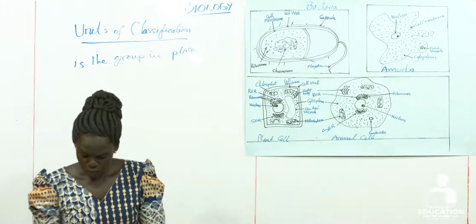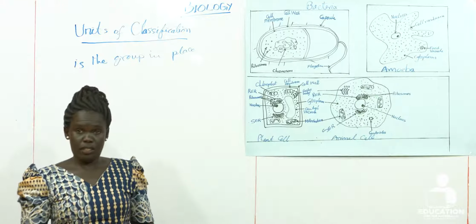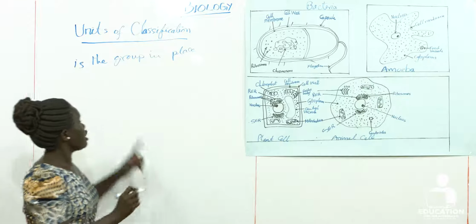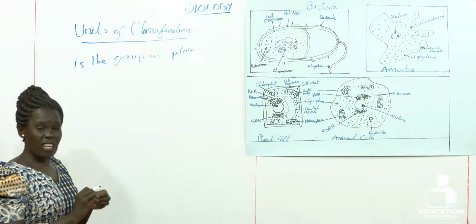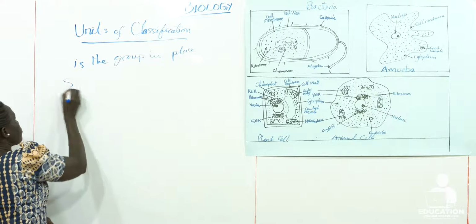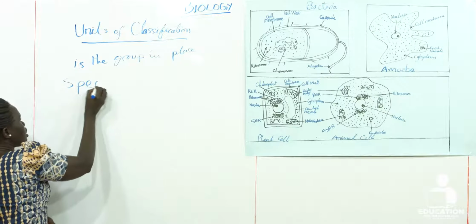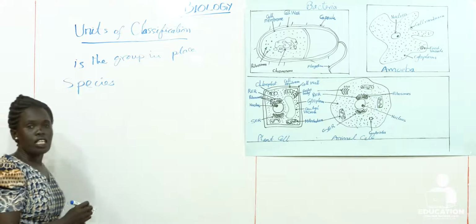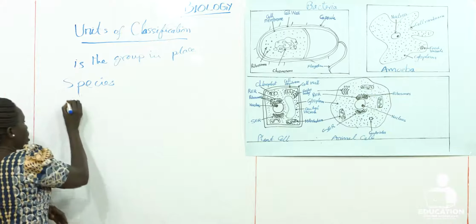today. So the smallest group of classification is known as species. The largest one is known as kingdom.